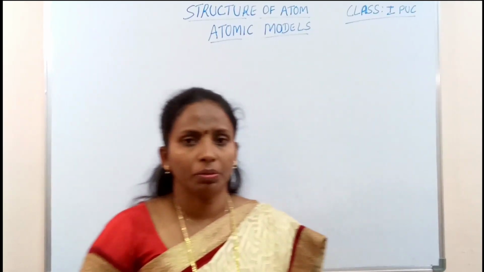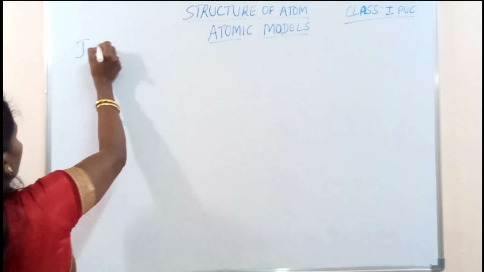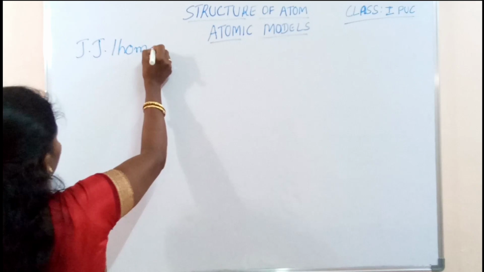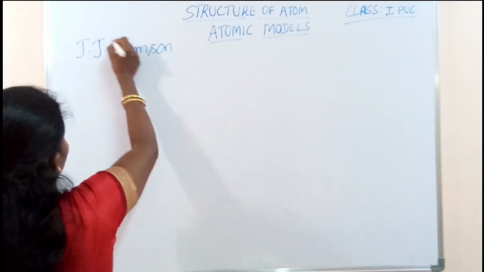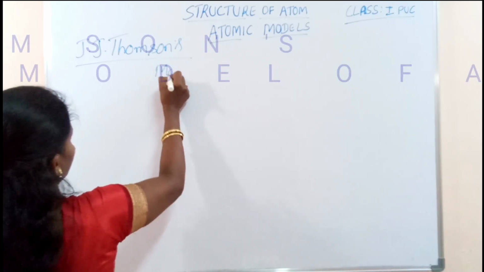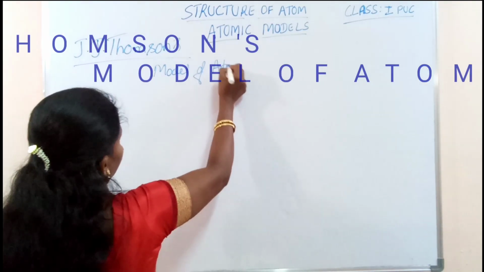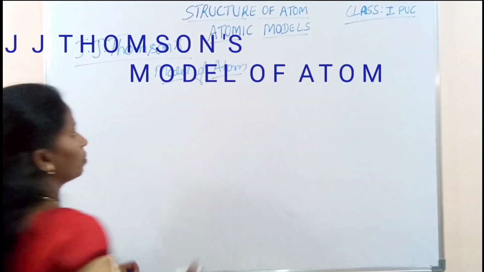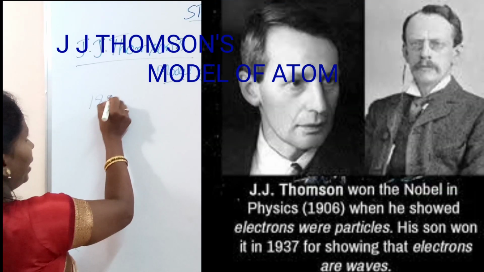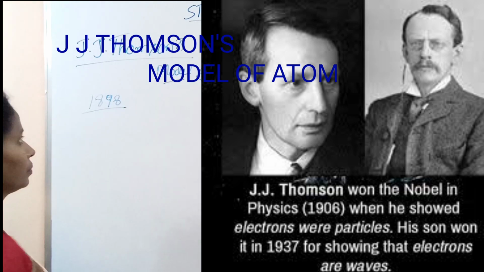So first I will take up J.J. Thomson's model of atom. J.J. Thomson in 1898 proposed his atomic model.